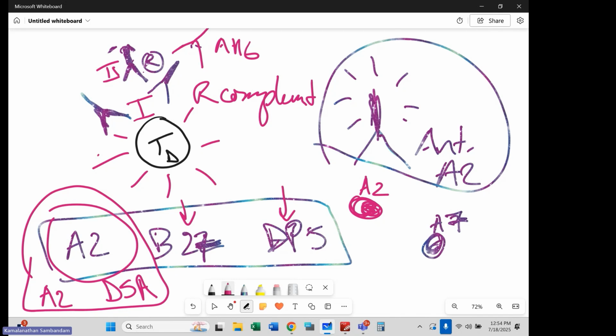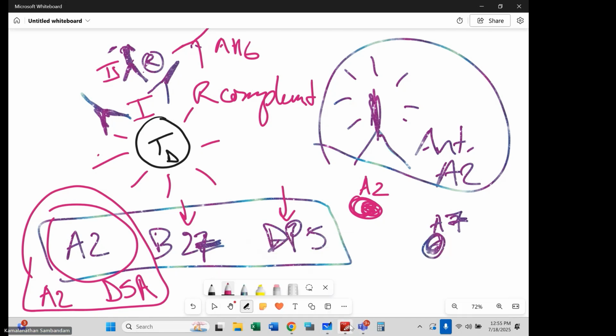Meaning this is the incompatibility between this recipient and the kidney they've received, or the kidney they're about to receive, which they won't receive because the virtual cross match is positive, right? I'm producing an anti-A2, the prospective donor has an A2, the virtual cross match is positive, leave the patient at home. Don't even bring this person in. Okay?